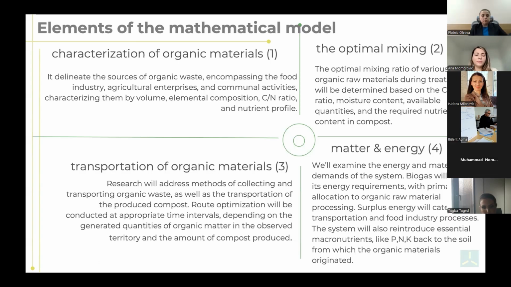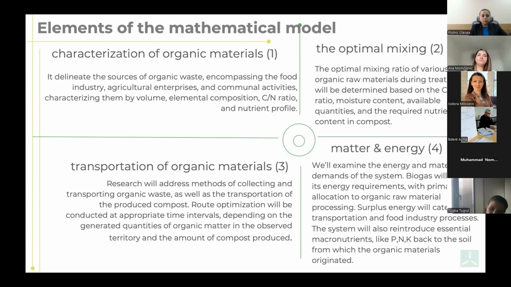Then there was the optimal mixing, because none of the organic wastes is adequate for treatment by itself.